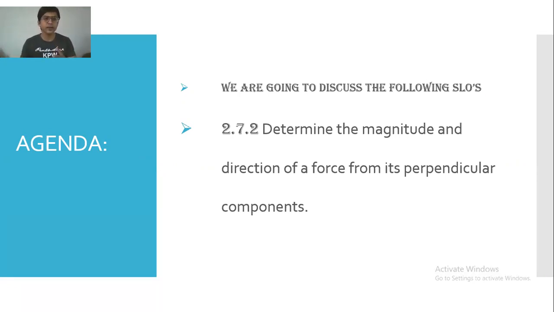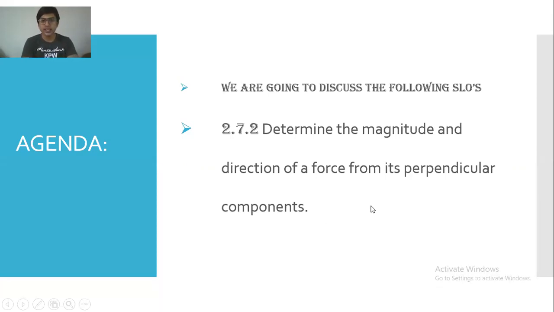Previously, whatever we have learned, this SLO is its opposite. Previously we were given a force F and we resolved it into its rectangular components, Fx and Fy. With the help of force F, we found a formula for Fx and Fy. But in this SLO, we are going to determine the magnitude and direction of a force from its perpendicular components.